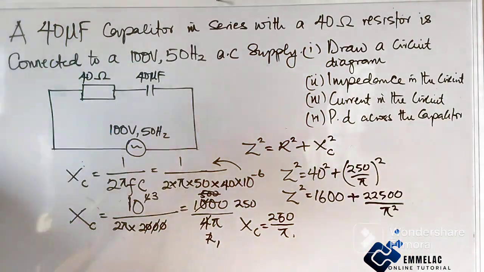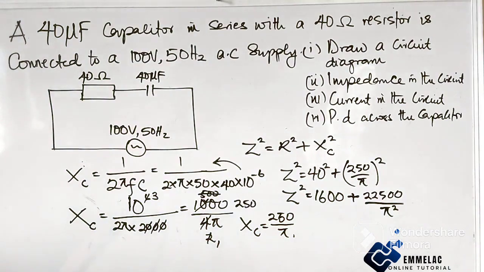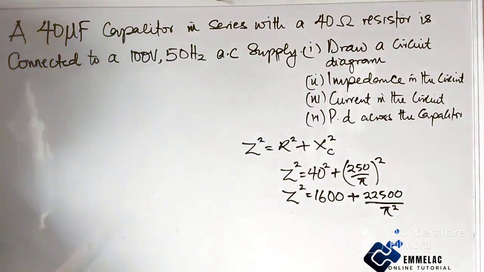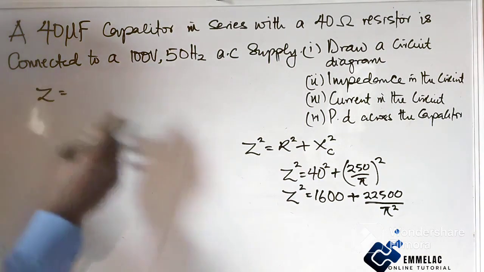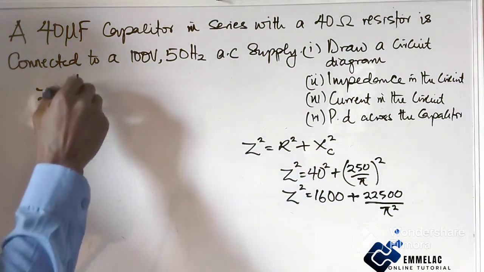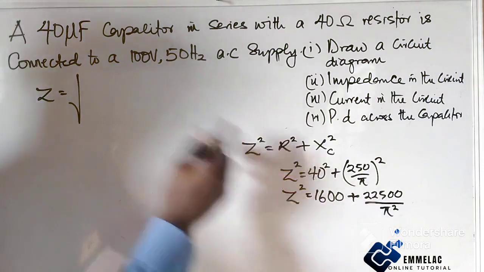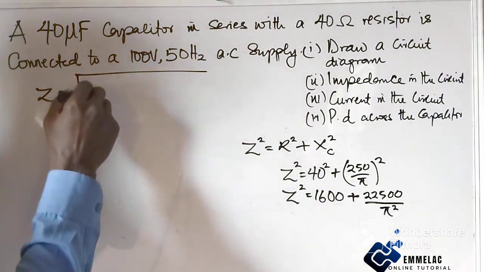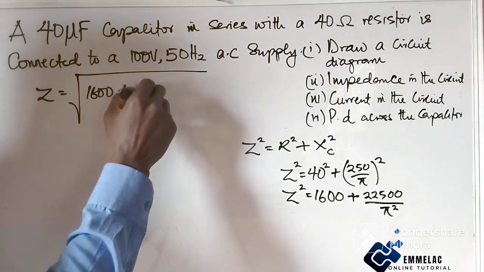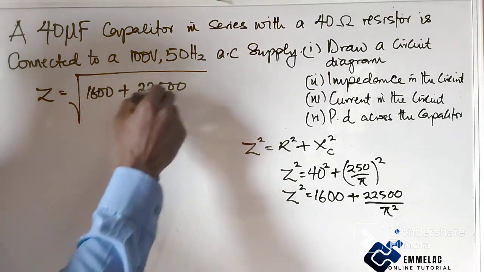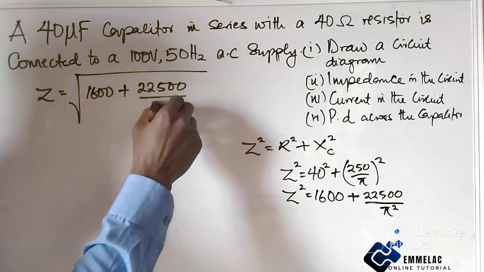So as such, what do we continue to do here? Now the square root, that is, squaring both sides. Here we have 1600 plus 62500 over pi square.